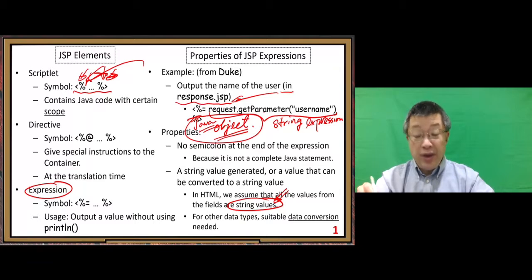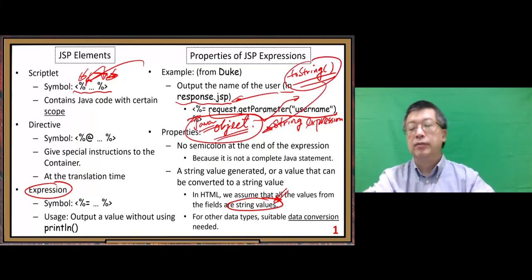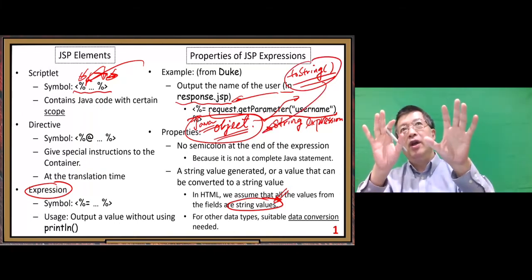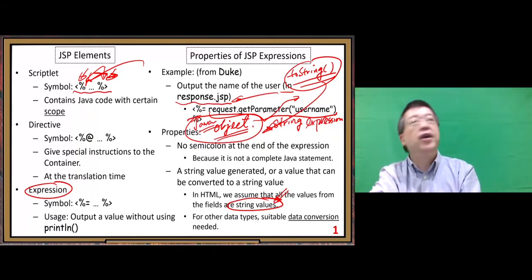Why? We know every Java object has a toString method. It's standard, no exception. So when you put a Java object here, its toString method will be called and will generate some string, whatever it is.